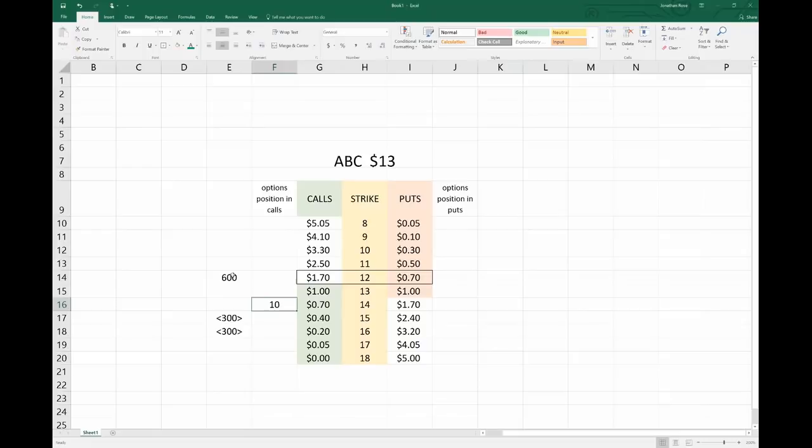I don't think we want to be short ABC, so let's buy those shares back. And then we're continuing to lock in profit. That would be short 600 from 1550 average. So now we're up $1,950 doing this.